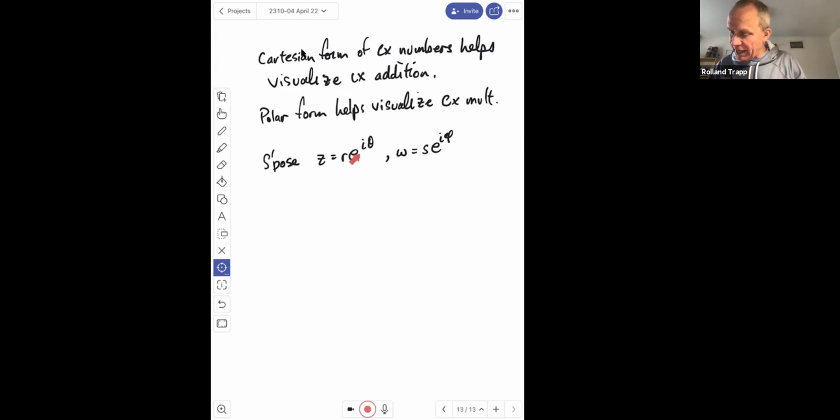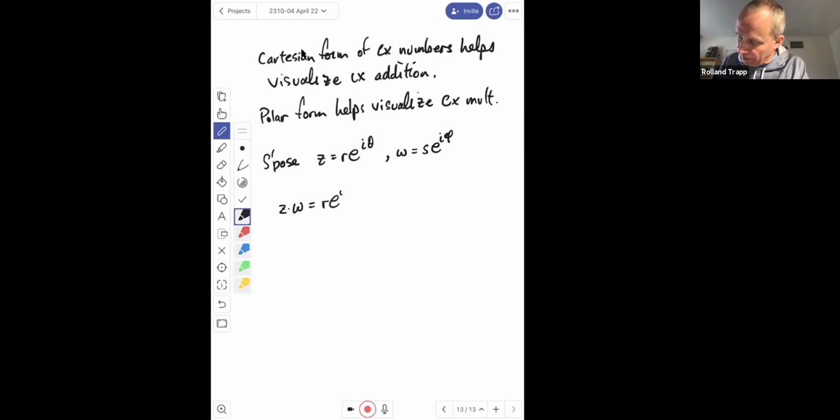So the e to the i theta is a unit vector, so it's only length 1. And then you multiply it by r, so that just stretches it so that it's length r, right? Then z times w is equal to r e to the i theta times s e to the i phi.